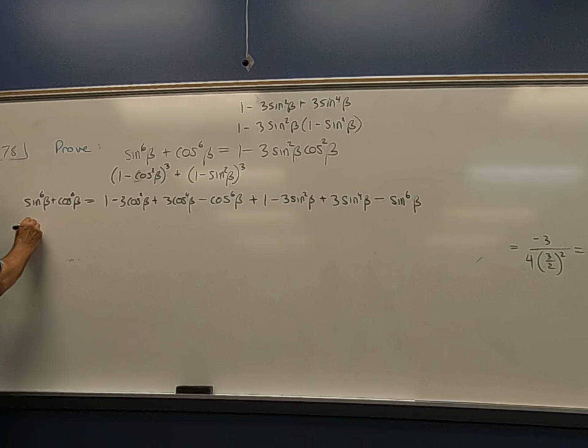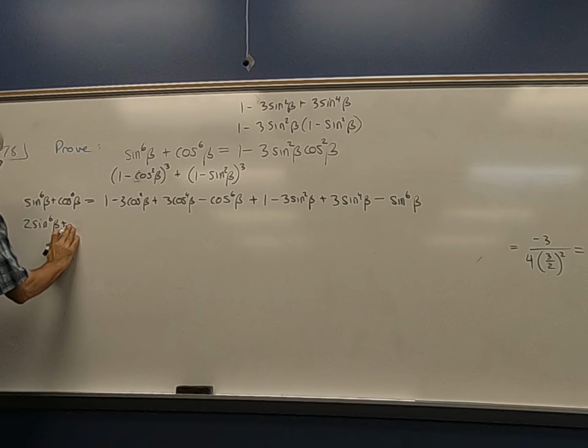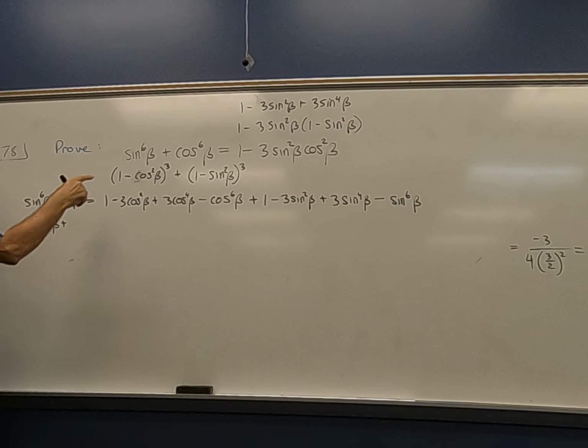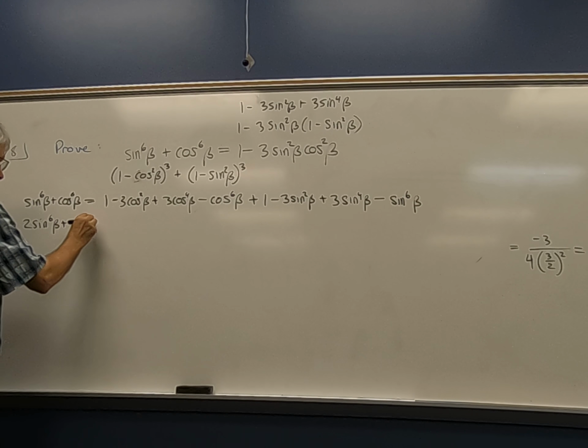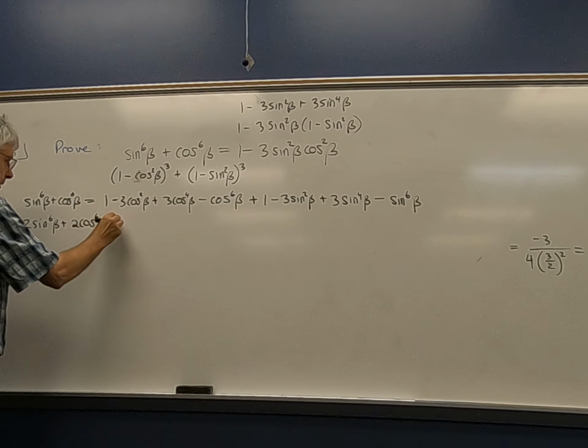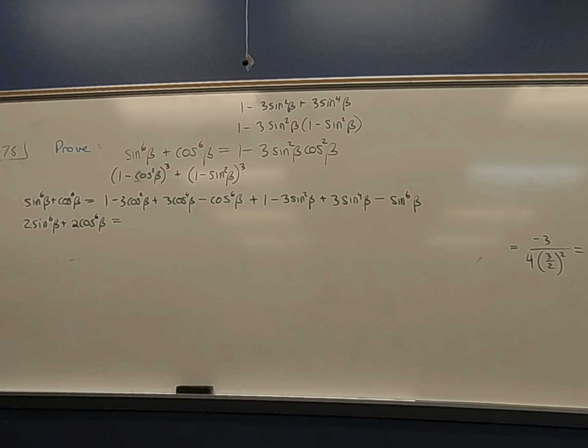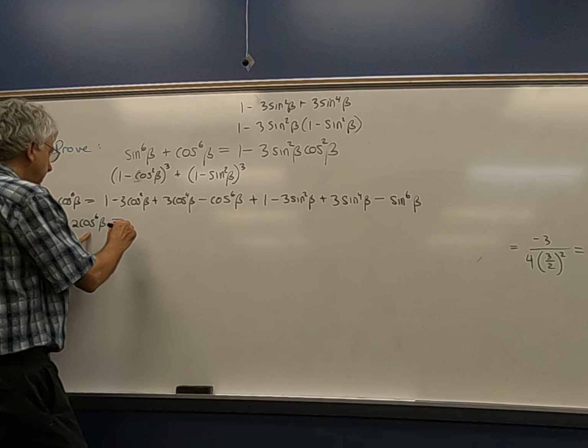So we'll have twice sine to the 6th beta plus cosine. I'm totally off the reservation now, because I'm working with an equation, but I'm going to get my cosine to the 6th back, right?